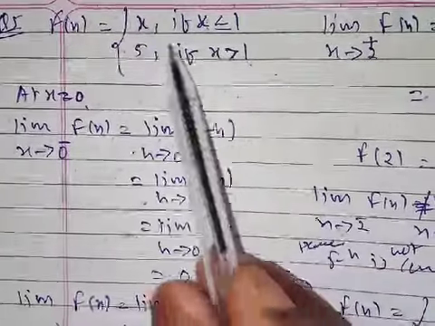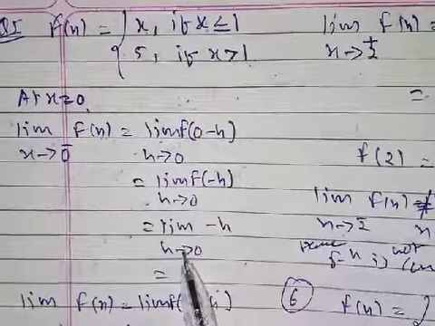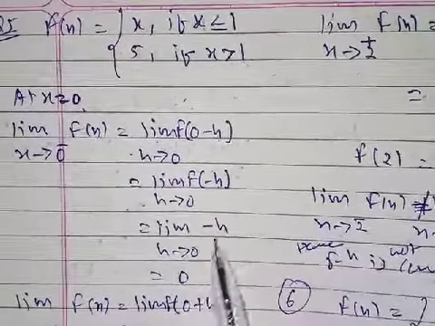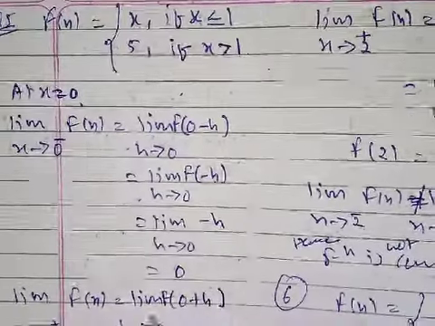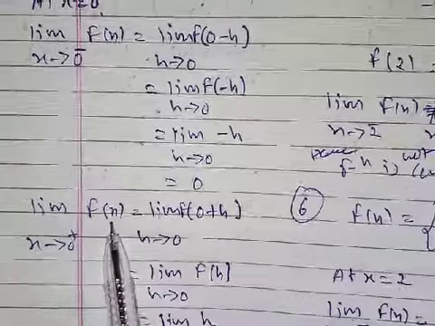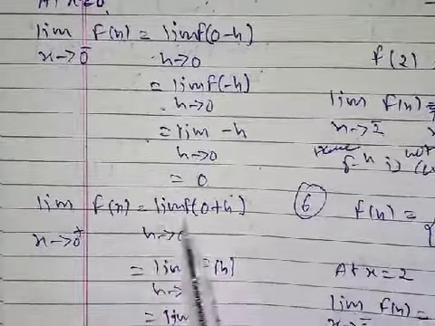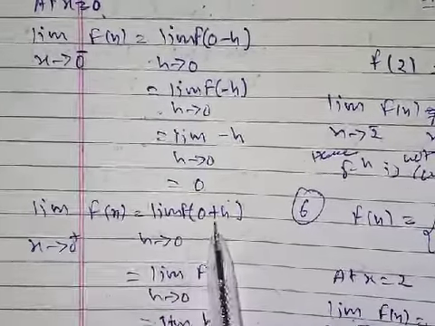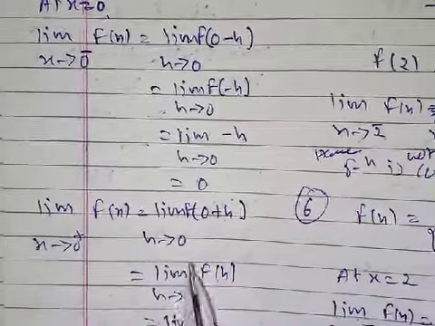We substitute here x, so it is minus h. When you substitute h tends to 0, this will become 0. Now the second, the limit x tends to 0 plus f of x is equal to limit of f of 0 plus h, where h tends to 0.